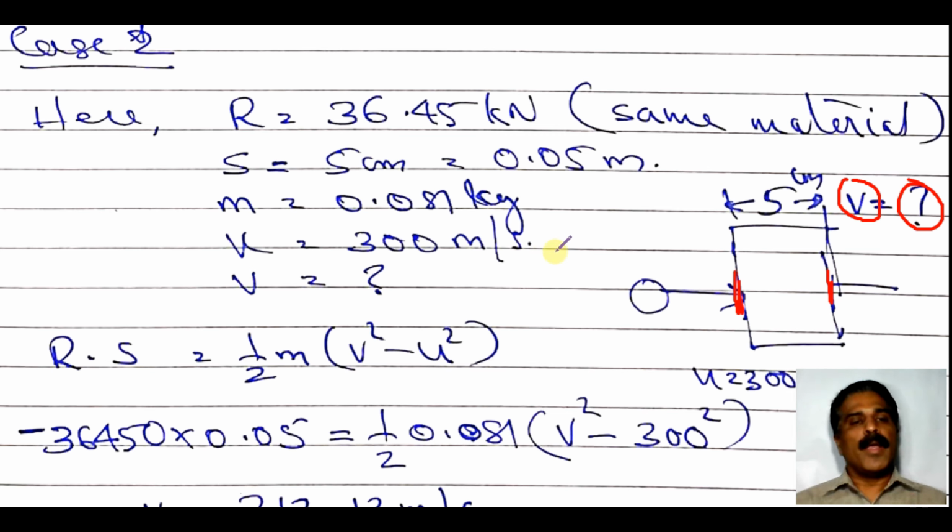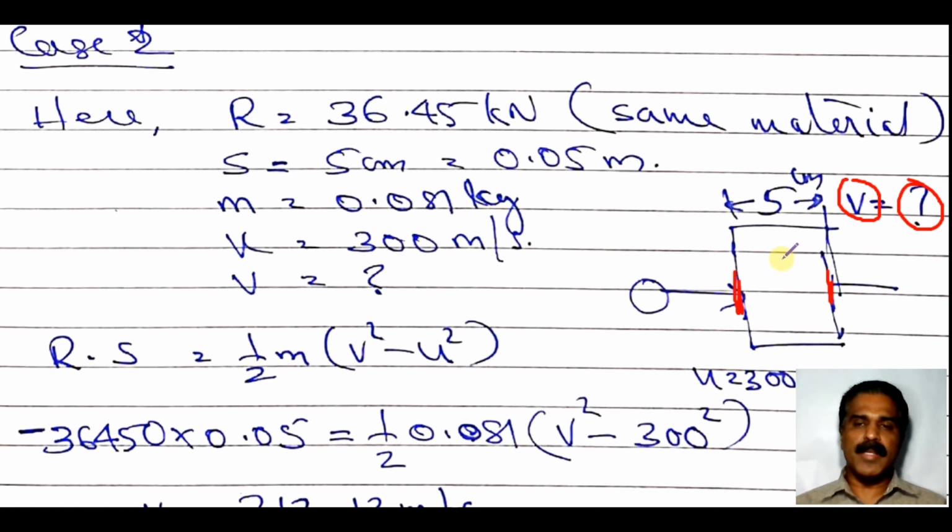Then we will use the same equation, that is R into s equal to half into m into v square minus u square, as in the previous case. Here also, the only force acting on the bullet to reduce the velocity, and we know the velocity will be reduced when it is coming out of this block, is the resistance offered by the material.